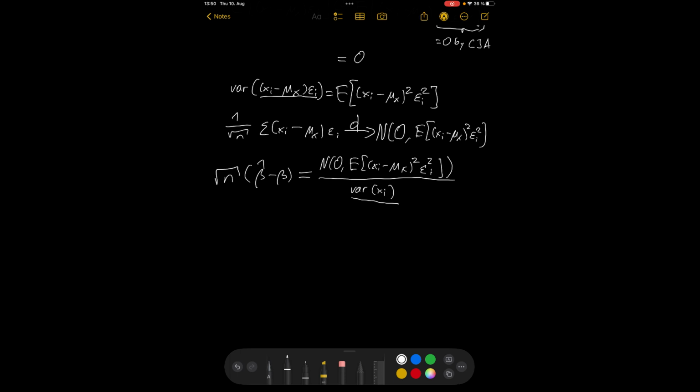And with the standard rules, we get that square root n times (beta hat minus beta) converges in distribution to a normal distribution with mean 0 divided by the variance of xi, but 0 times a constant is 0, so it doesn't affect the mean, but it does affect the spread, and we have to square it when we pull it into our variance here. 0, expectation of (xi minus mu x) squared epsilon i squared, divided by the variance of xi squared.